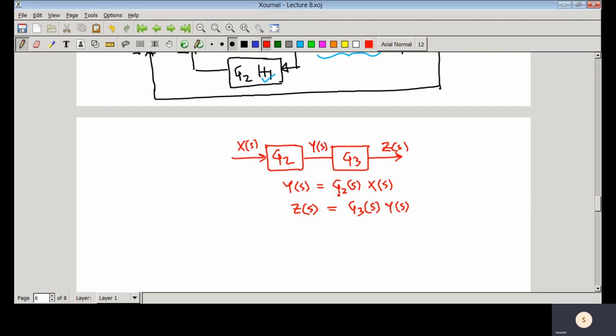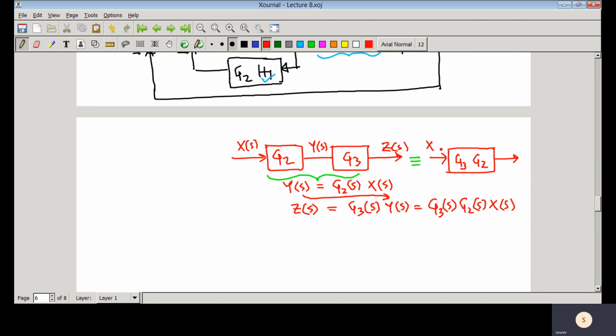If you replace this YS here, what will you get? That is G3S into G2S into XS. So whenever two systems are cascaded like this, we can represent it as G3 into G2, that is the equivalent one.